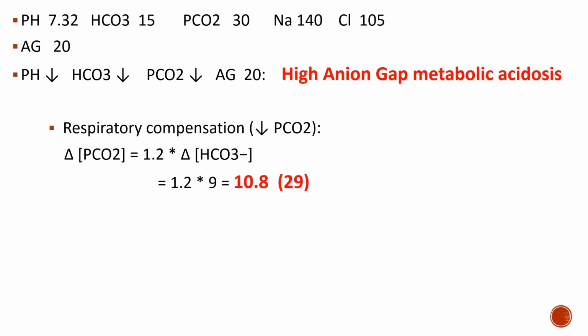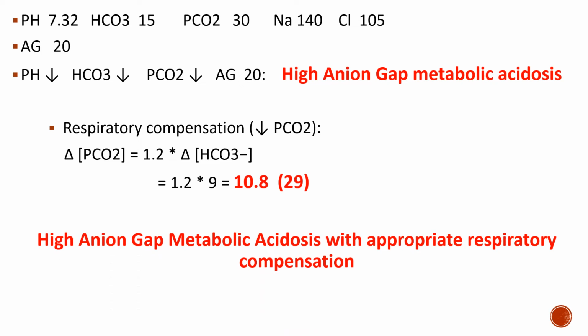So it equals 1.2 by 9. So you expect CO2 to decrease by 10.8 millimeter mercury, or 11 millimeter mercury. The median is 40, and you expect it to be reduced by 11, so the expected is 29. It is more or less the same. So this is high anion gap metabolic acidosis with appropriate respiratory compensation.